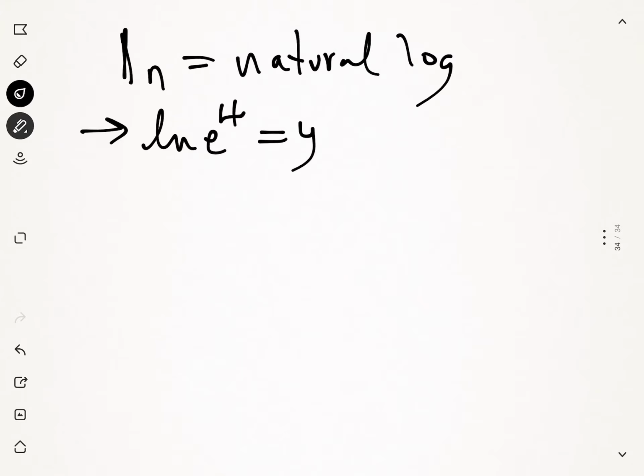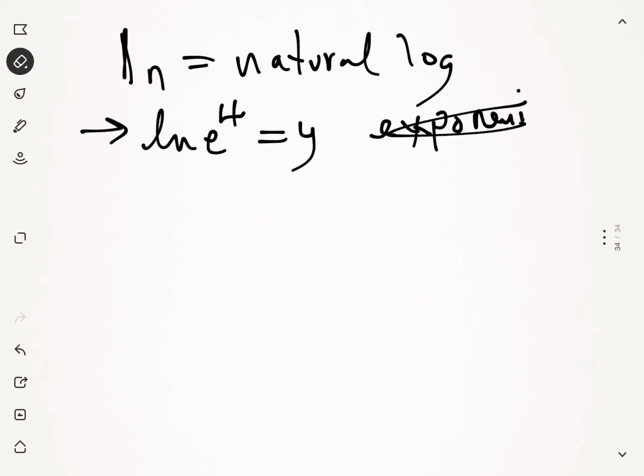Now here's something that you want to know. You want to do something called exponentiate both sides. What that means is make both sides exponents of e.